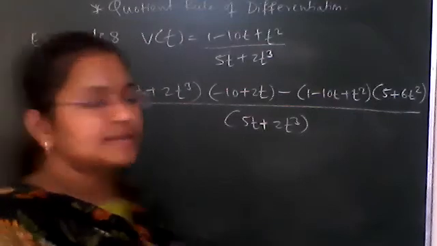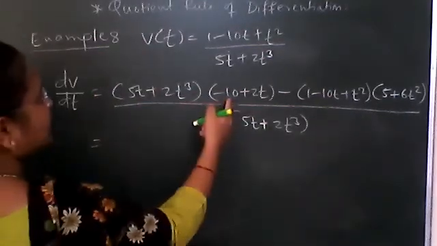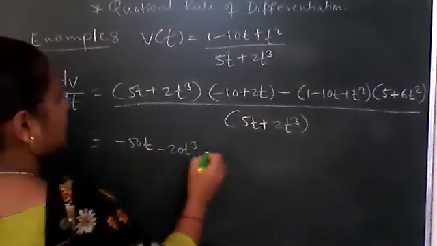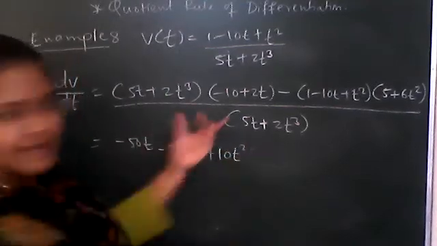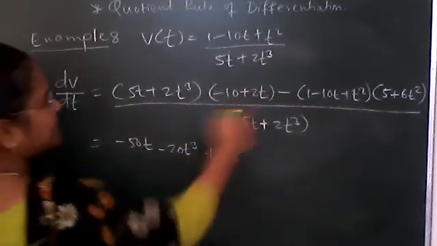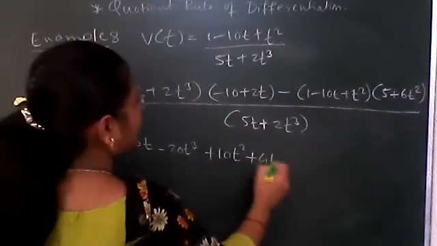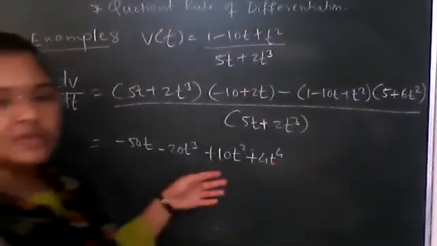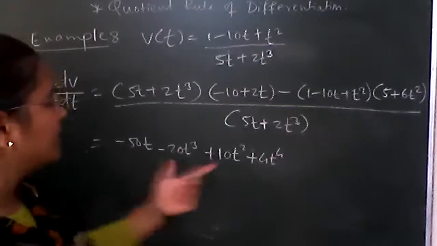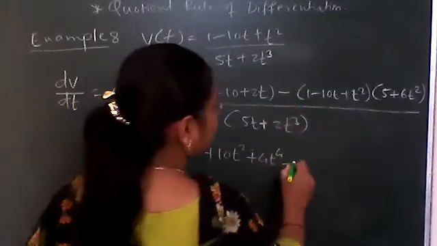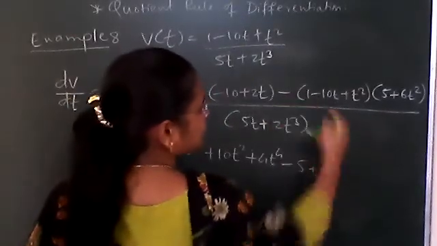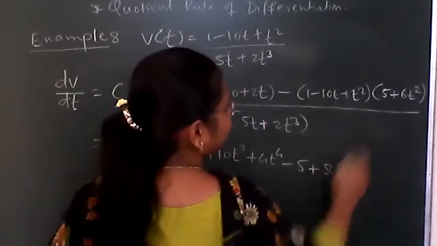So we'll multiply both the brackets. Minus 10 minus 50t minus 20t cube plus 10t square. I'm multiplying, boys, you please see it. 2 into 5, 10t square, then plus 4t raised to 4. Is it correct? Yes, ma'am. Okay. Now minus 5 tens are 50t.